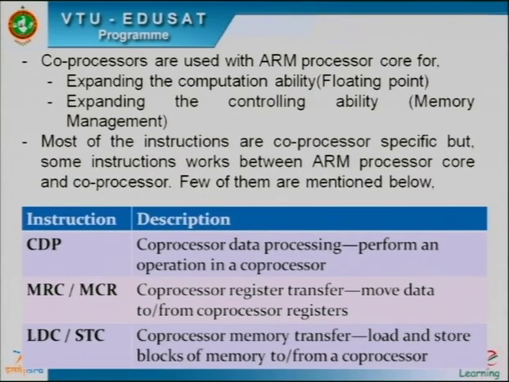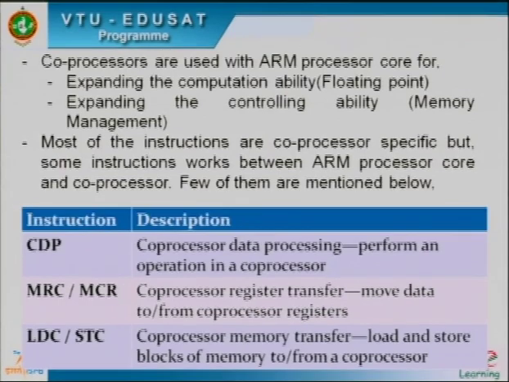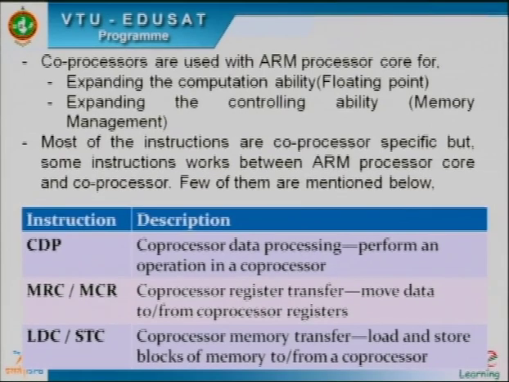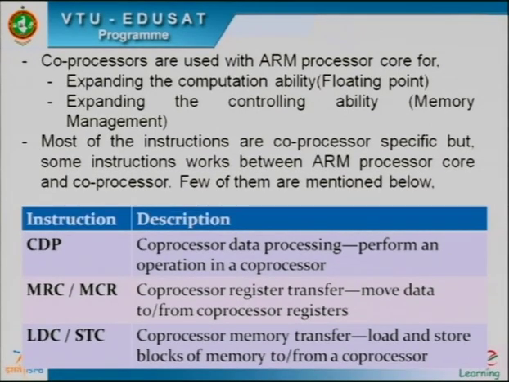If we select one of these coprocessors, then we can discuss its instruction set. But there are some general instructions to work between the existing ARM processor core and the coprocessor. These few instructions we will discuss.